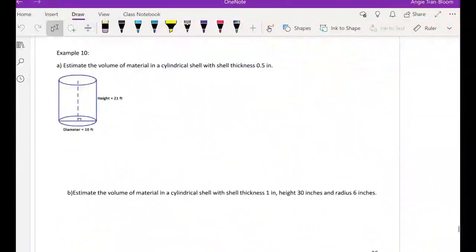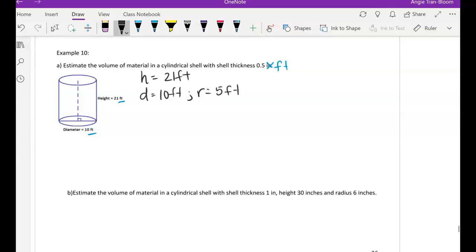Example 10 from 4.5. Estimate the volume of material in a cylindrical shell with the shell thickness being 0.5. Let's correct that to feet since these all measure in feet, okay? So with the thickness of the shell of 0.5 or half of a foot. So what we know is based on the picture, we know the height is 21 feet. We are given the diameter is 10 feet, which tells me the radius is going to be 5 feet.